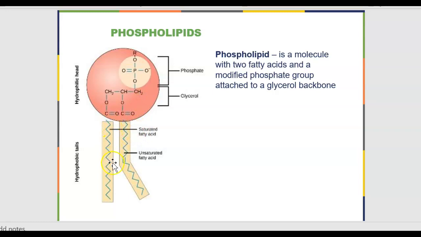Below it, though, bonded to it are these tails again, these fatty acid tails, some of which can be straight, saturated, has maximum number of hydrogens, some of which might have a kink in them, generally at least one of them does, and that's unsaturated fatty acid. So this whole structure all together forms a unit called a phospholipid.